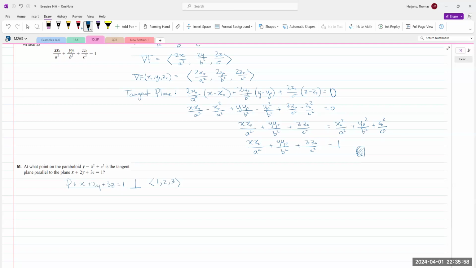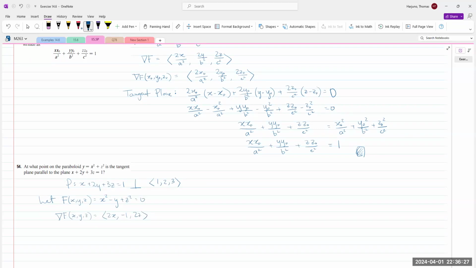Now let's set our function f(x, y, z) equals x squared minus y plus z squared equals 0. The gradient of this f will be 2x, negative 1, 2z.